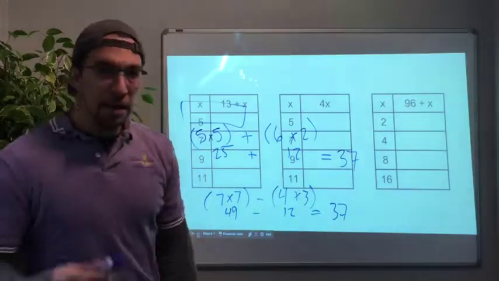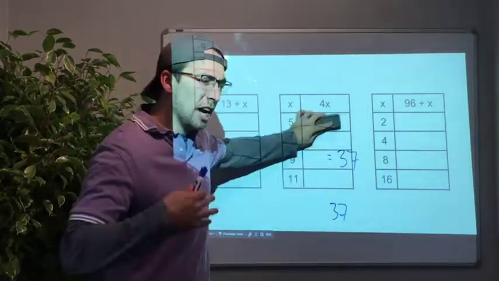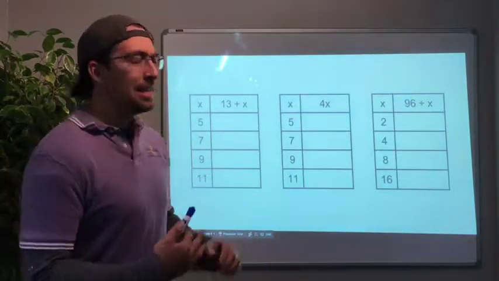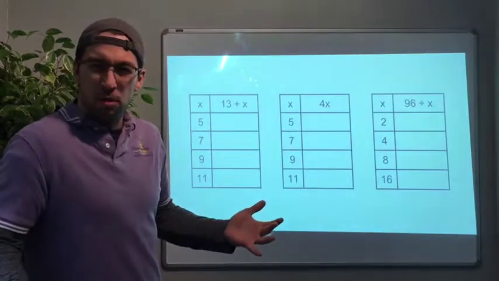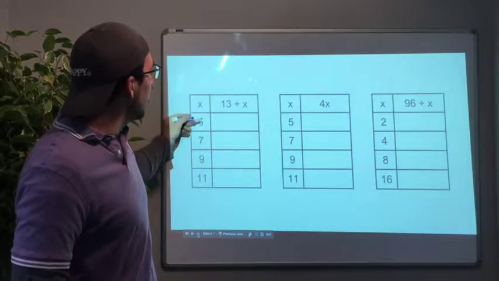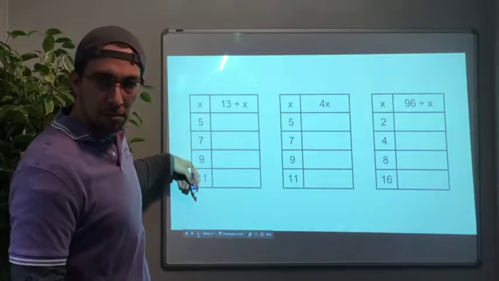Okay, and this is our last page on just our introduction to algebraic expressions. Sometimes you might see these tables. So what do you do with the table? This chart gives you the value of x. So x equals 5, x equals 7, x equals 9, x equals 11.